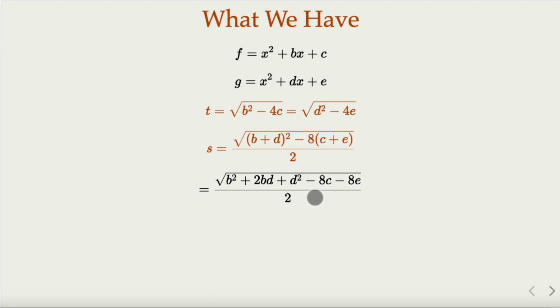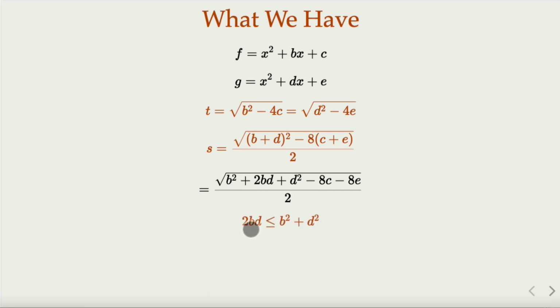Now here, you notice that you have b squared minus 4c and b squared minus 8c. Now, what if we have a factor of 2 here? This term is an extra term. Here we're going to use a very famous inequality derived from the AM-GM inequality. That is, 2bd is smaller than or equal to b squared plus d squared.